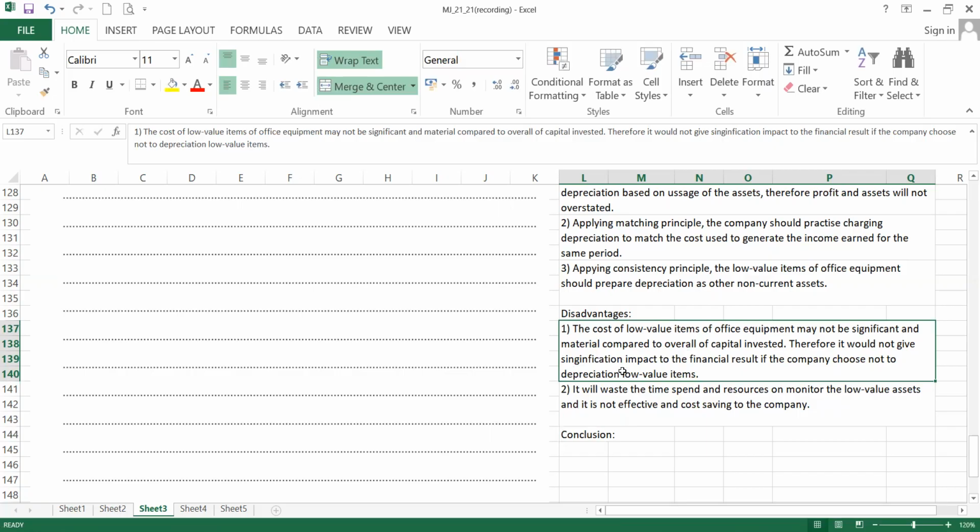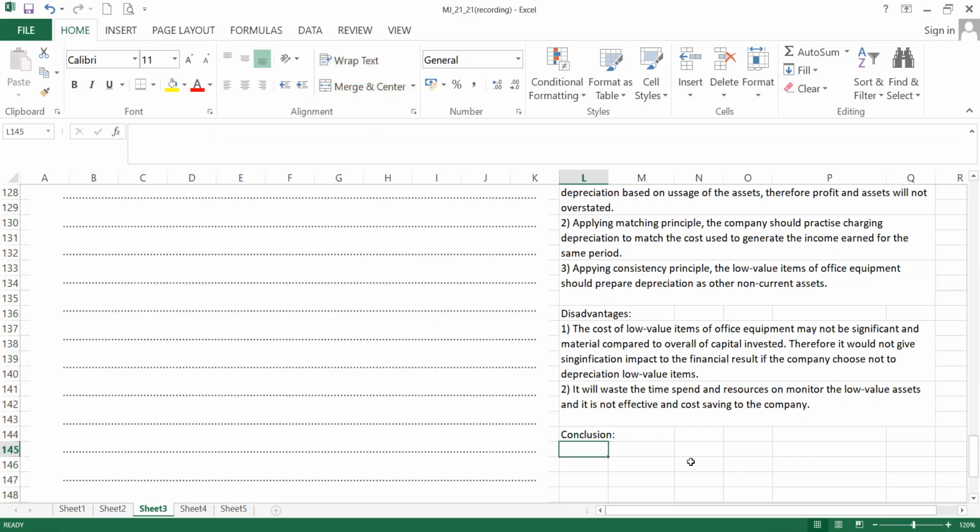Because in a company, in accounting, in business, actually we can fully expense low value items of non-current assets because the value is insignificant. From the tax point of view, it's allowed. So if the value is insignificant, it will waste time to monitor an insignificant amount. So my conclusion and your conclusion may be different.